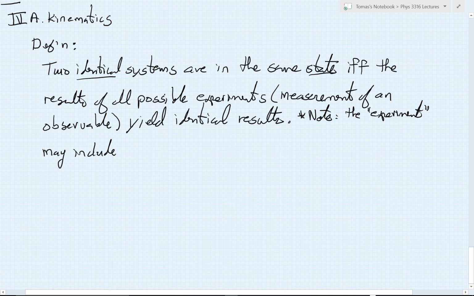But the time delay, of course, would have to be the same time delay for the two systems so that we're comparing apples and apples. So the experiment may include a time delay. And I guess what I really want to emphasize here is an equal time delay for the two systems before the measurement.